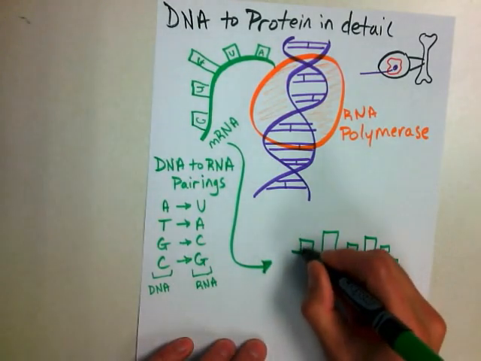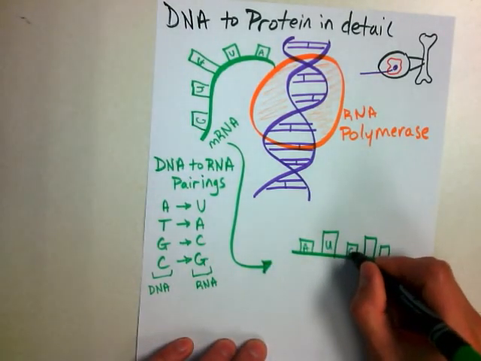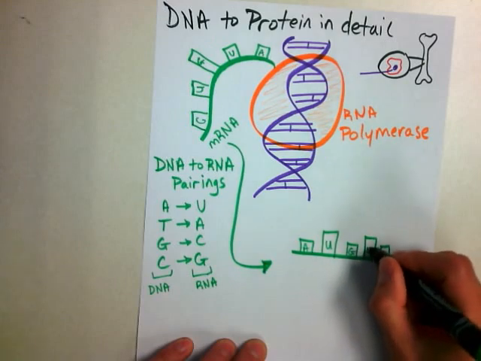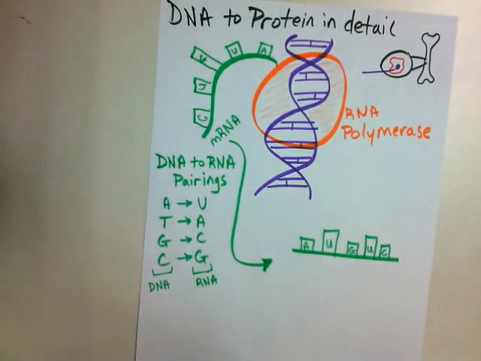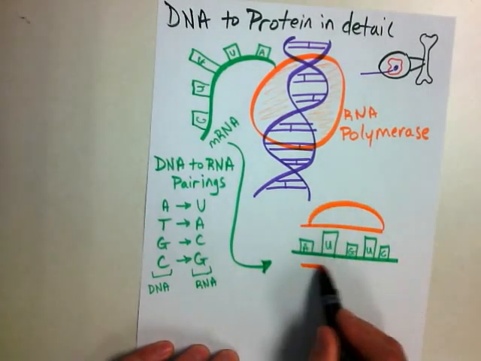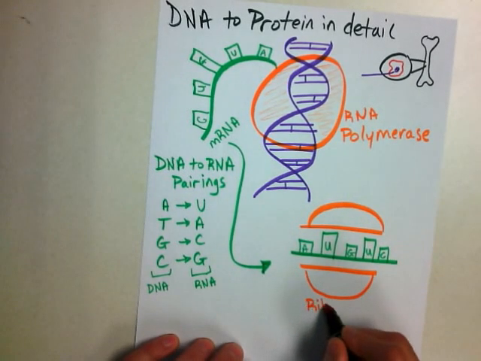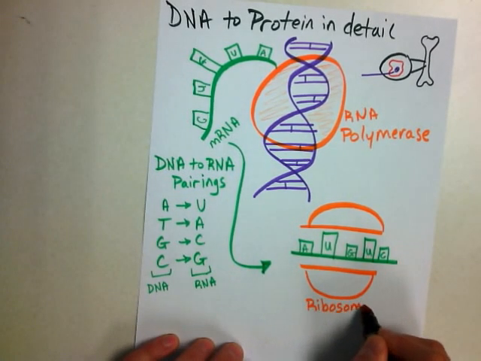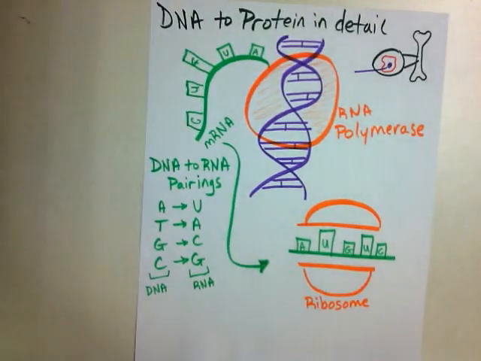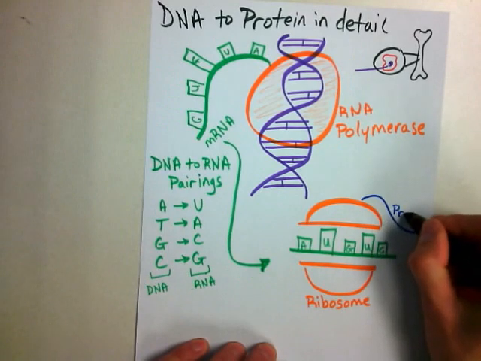We still have the code A, U, G, U, C, but instead now we have this thing that reads it and translates this code into something else. This thing is called a ribosome. It translates it, and it makes finally the protein.